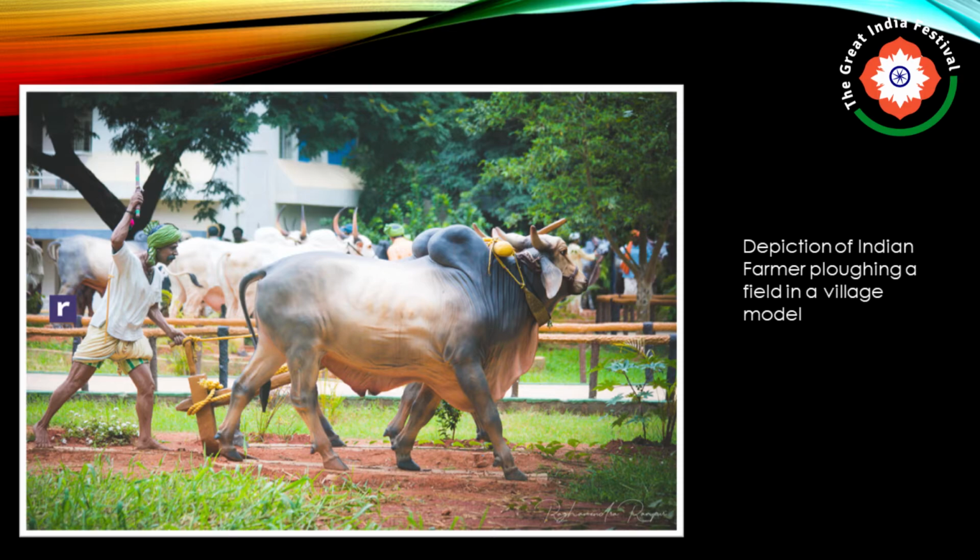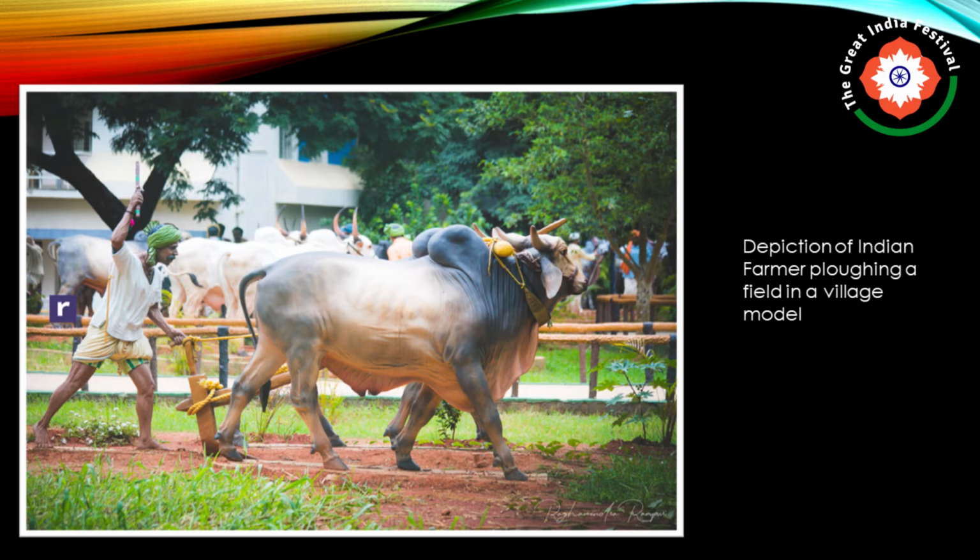In this photograph, as you see, the farmer is plowing the field in a traditional way, and you can see the bulls in the picture as well, and the tool he's using.